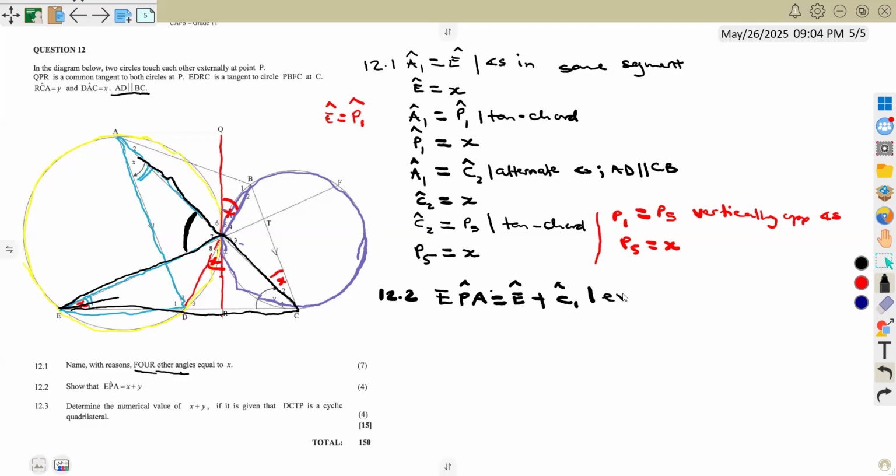It's the exterior angle of a triangle. So EPA must be equal to angle E, which is already proven to be X, plus angle C1 here, which is the angle RCA, already given as Y.